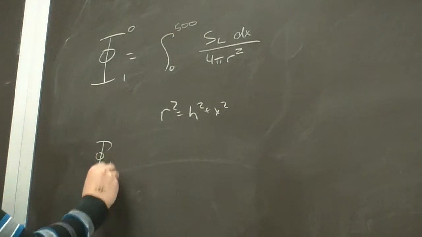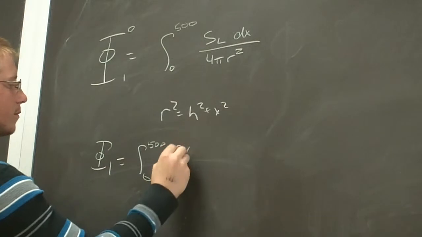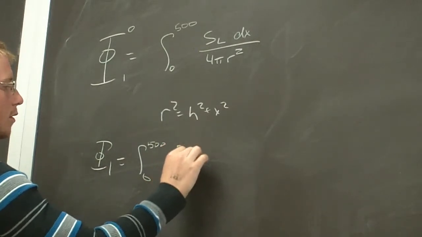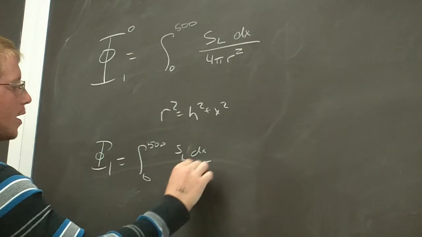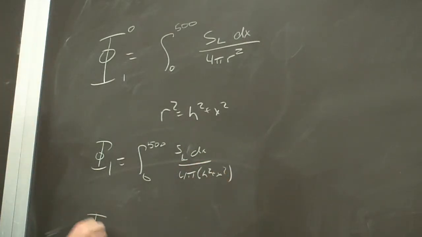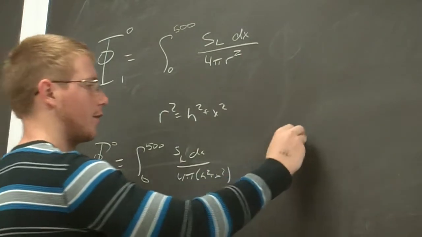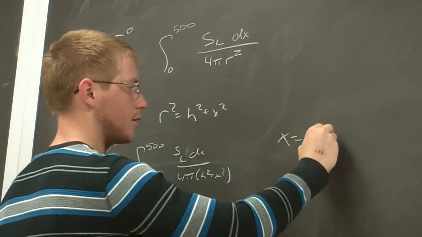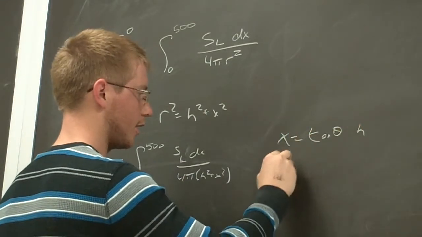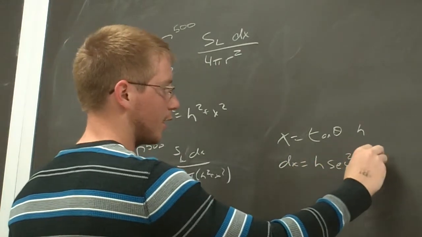So phi 1 is equal to the integral from 0 to 500 of SL dx over 4 pi times h squared plus x squared. Once again, it's easier to turn it into trig. Saying that x is equal to tangent theta times h, and dx is equal to h secant squared theta d theta.